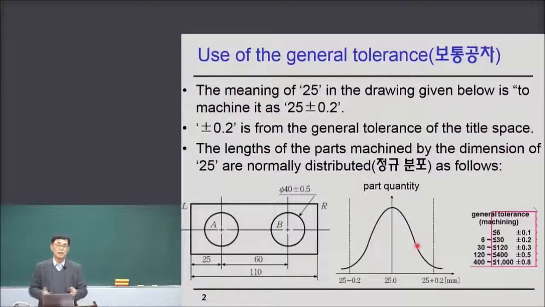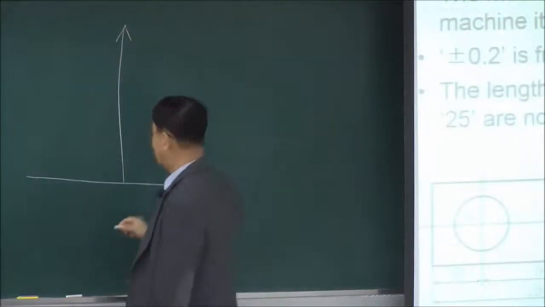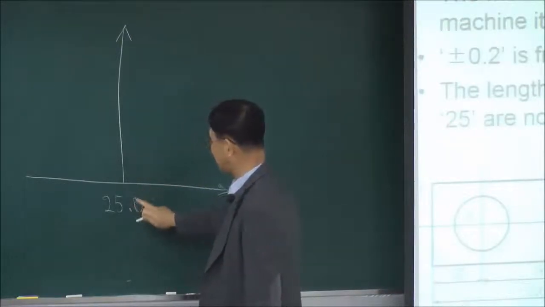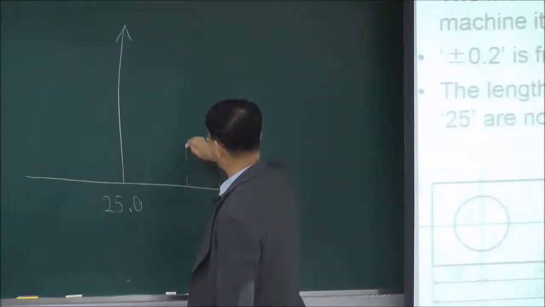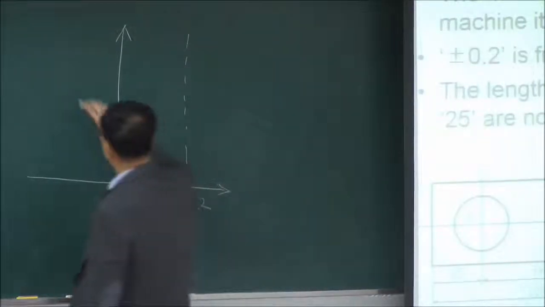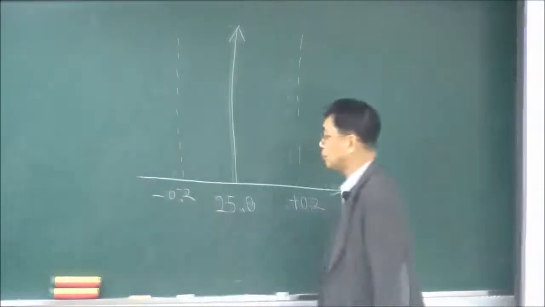But this is a very ideal case. Actually this distribution is not like this. I will explain it at the blackboard. Actually, there is 25.0 here, with an upper tolerance of plus 0.2 and a lower tolerance of minus 0.2, right?